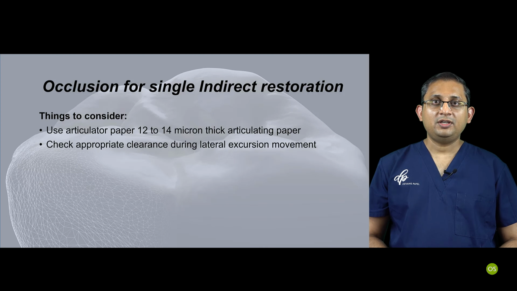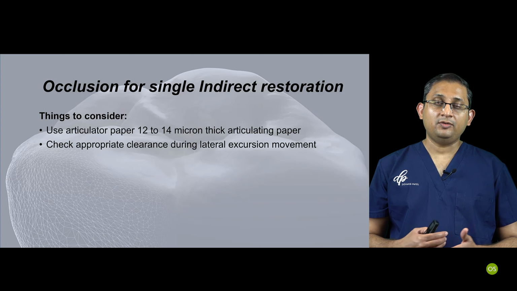So the other thing you need to understand when you are treating a tooth with an indirect restoration is, after you've done the preparation, don't only check the reduction when the patient closes their teeth.